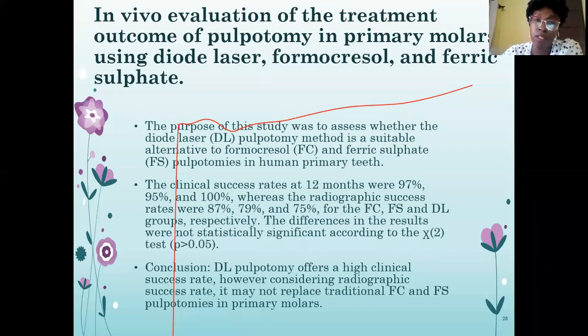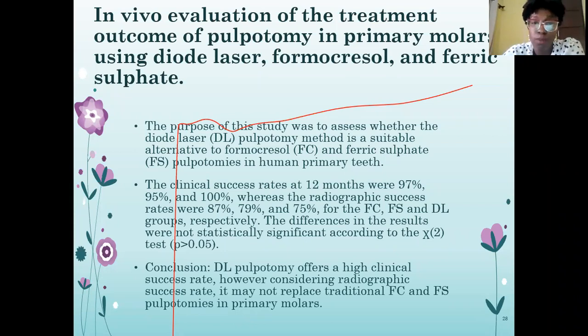With formocresol, it's 87%, ferric sulfate is 79%, and then 75% with diode laser. So you see formocresol, 95 and then 87, ferric sulfate 100 and then 79, when you compare clinical against radiographic. But the difference in the results was not statistically significant.